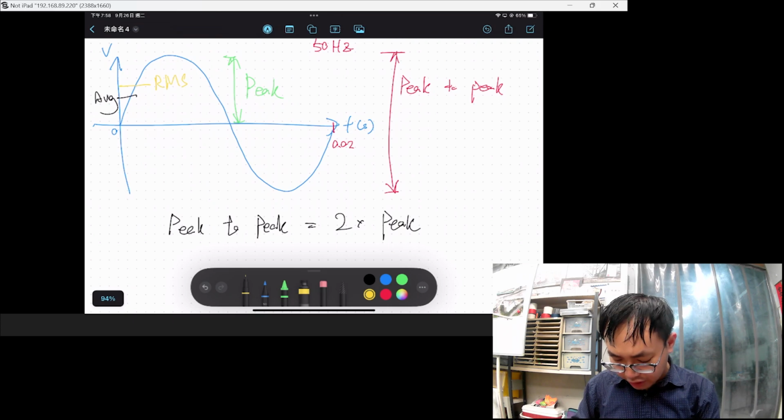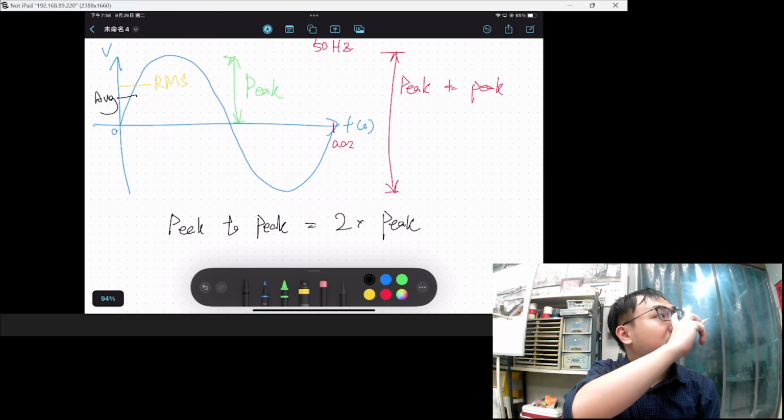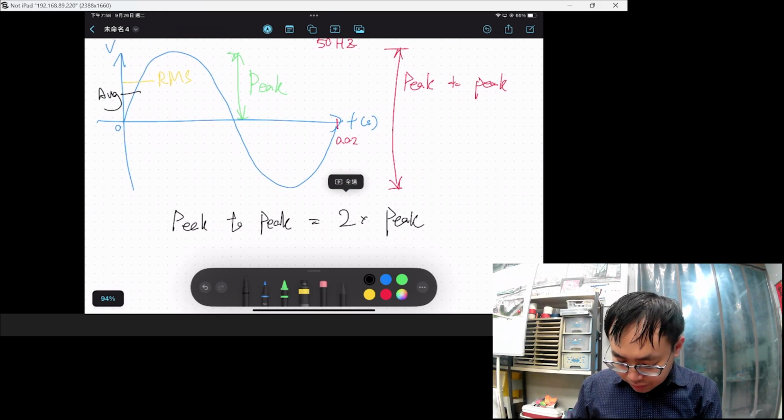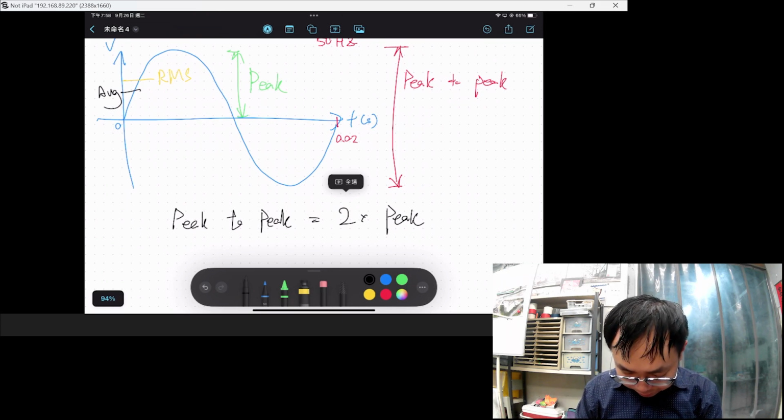When I study, I found it easier to memorize the definition, so I didn't memorize the numerical value.